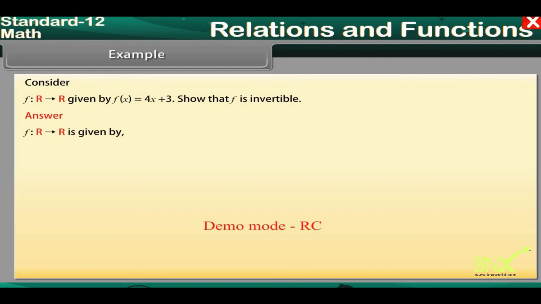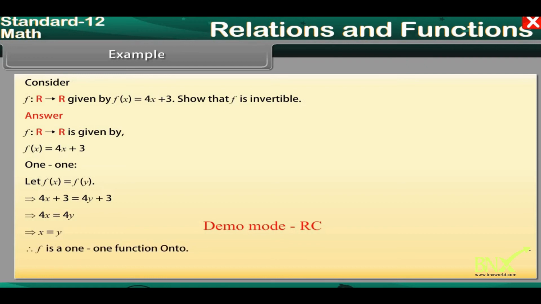The function f from R to R is given by f(x) = 4x + 3. One-one: let f(x) = f(y), which implies that 4x + 3 = 4y + 3. It implies that 4x = 4y. It implies that x = y. Therefore, f is a 1-1 function.